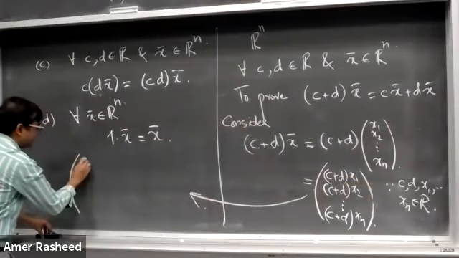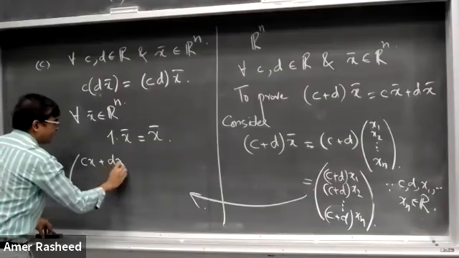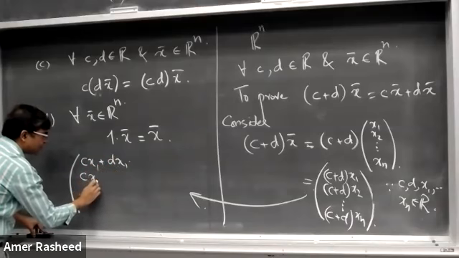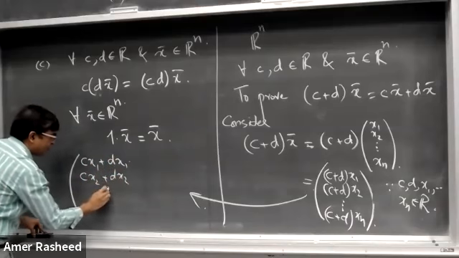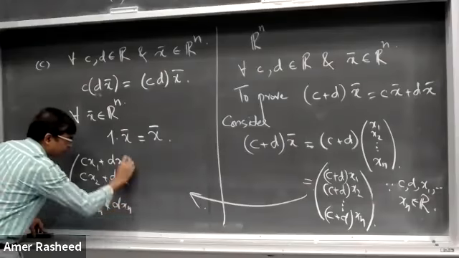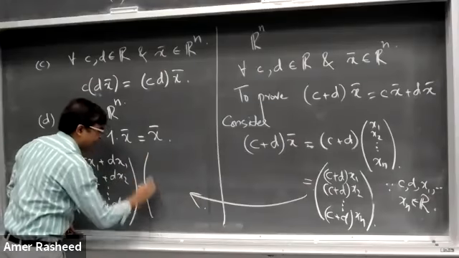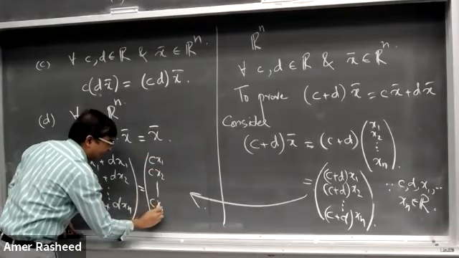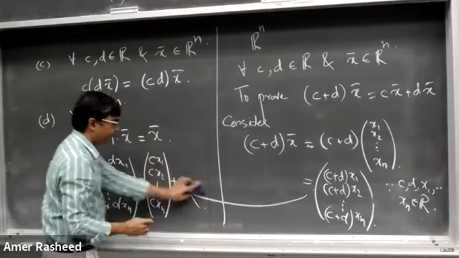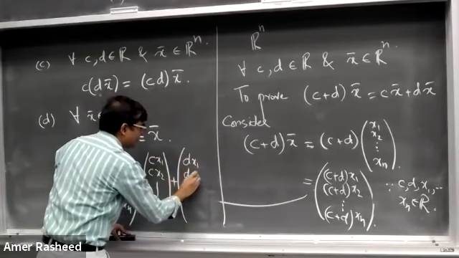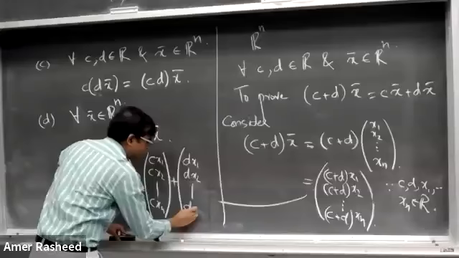We can write it as cx1 plus dx1, cx2 plus dx2, and so on, cxn plus dxn. And this can further be written as cx1, cx2, and so on, cxn plus dx1, dx2, and so on, dxn.